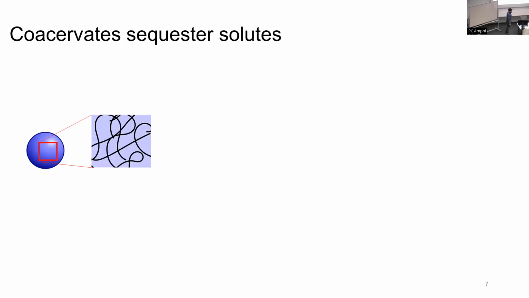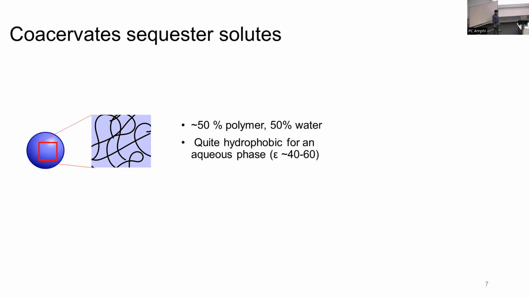And another interesting property of coacervates, why I find them cool to work with, is that they tend to sequester solutes. So, like I said before, coacervates contain quite a high concentration of these polymers. And even though they're an aqueous phase, since they have so much polymer, they're actually quite hydrophobic.